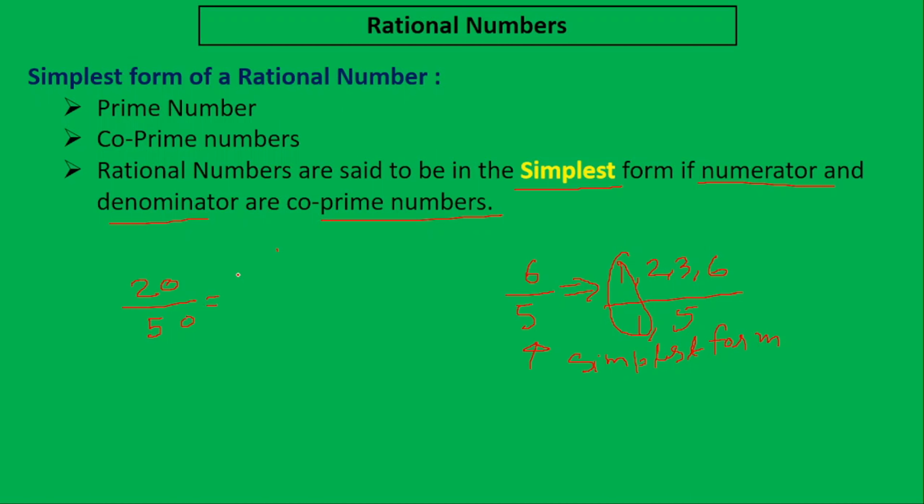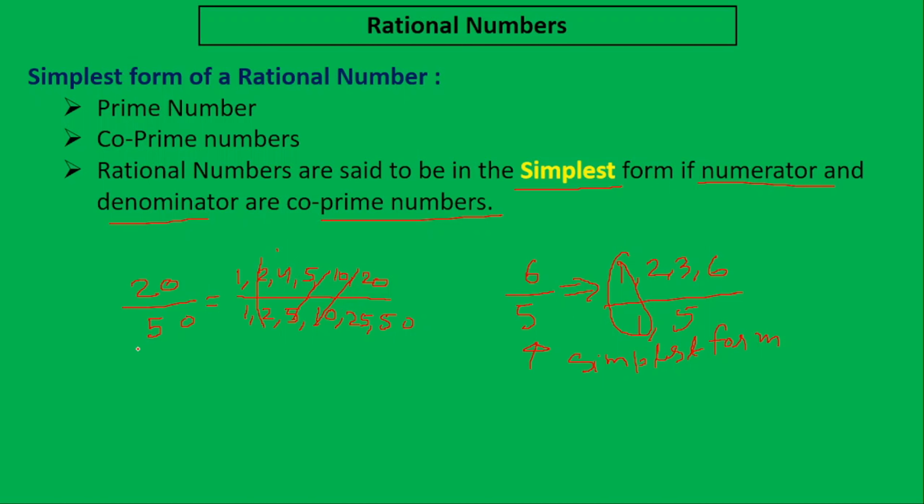Like 20 by 50. 20: 1, 2, 4, 5, 10 and 20. 50: 1, 2, 5, 10, 25 and 50. 2 is common, 5 is common, 10 is common.